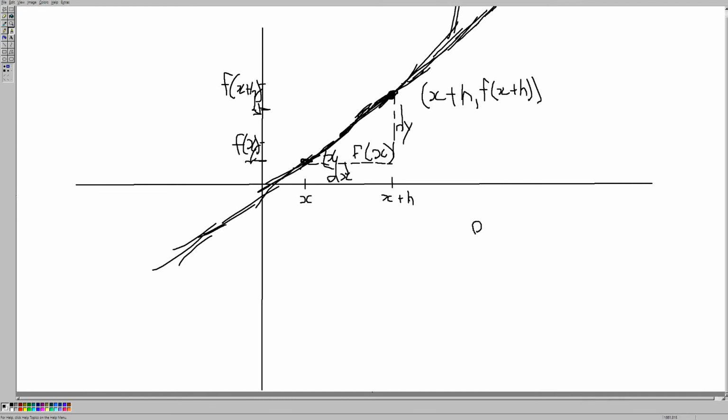And our dy is just equal to f of x plus h minus f of x, right? And of course our dx is just this value minus this value. So cancel the x, we're left with h, so dx equals h, okay?